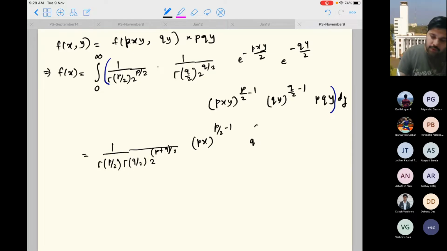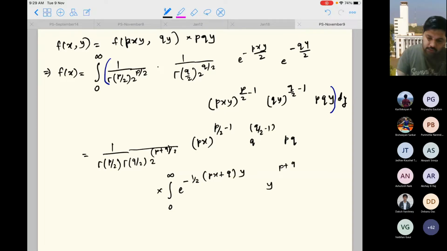Then q to the power q by 2 minus 1 will also come out, and this pq will also come out. These are all things which the integration is not going to affect. They are all constant. Inside the integral, you get e to the power minus half of (px plus q) y, and y to the power (p plus q) by 2 minus 1 dy.